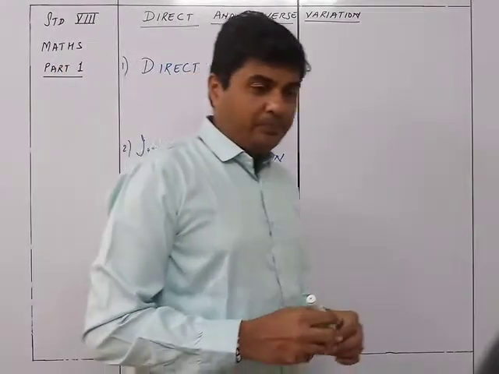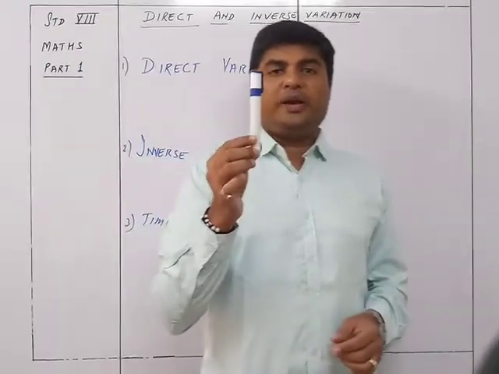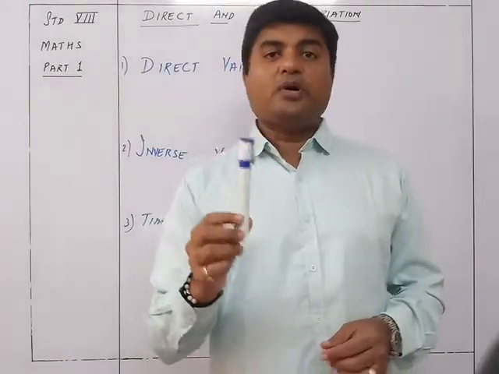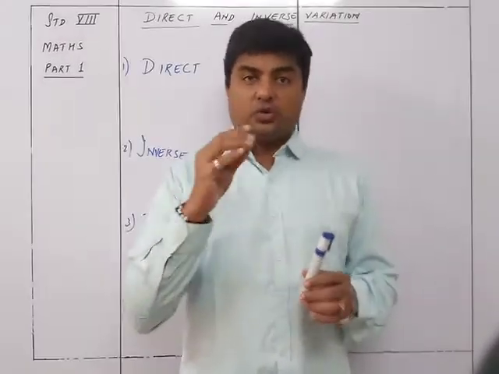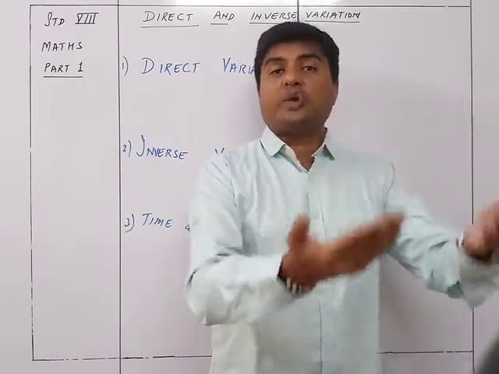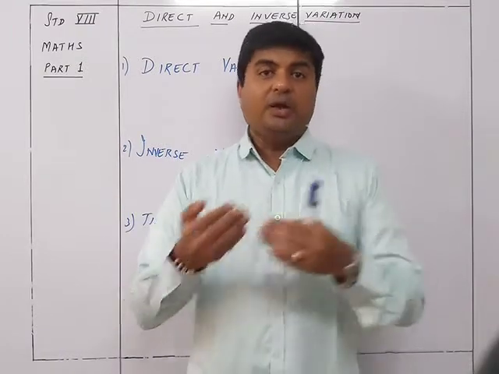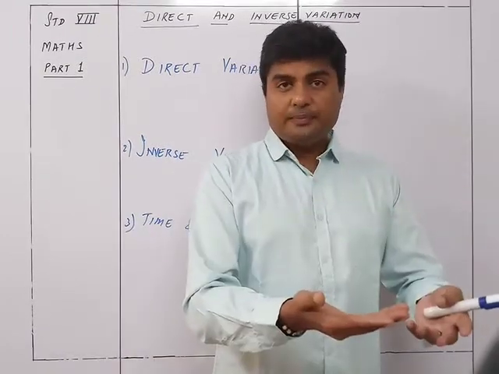Like for example, if I go to buy one pen, it is going to cost me 20 rupees. Suppose I buy 4 pens, so if my pens are increasing, automatically the cost also increases. So if one pen is costing 20, 4 pens will cost 80.